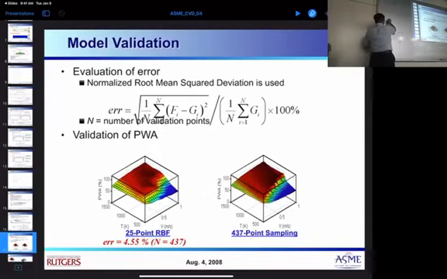So some F could be here. In every experiment, you could have some results based on that combination. You have a bunch of them. So what I did was I tried to connect everything, and then I got what we call a response surface.